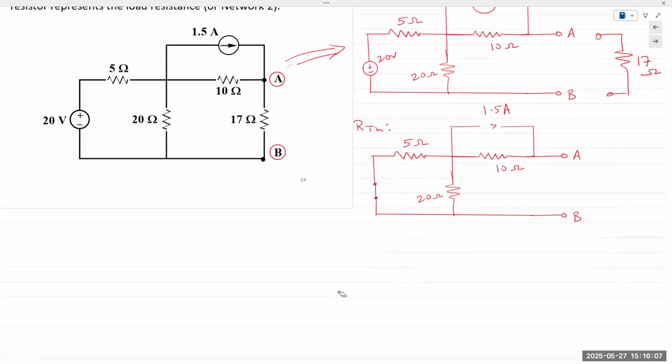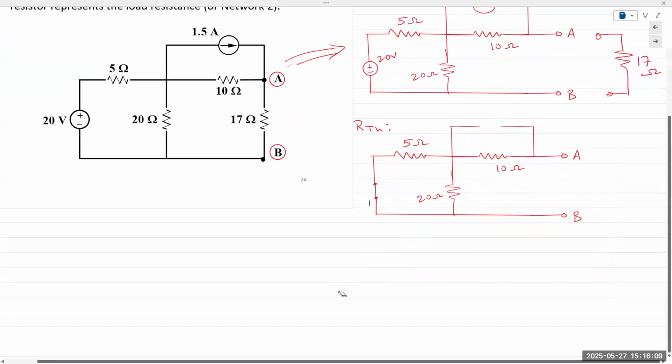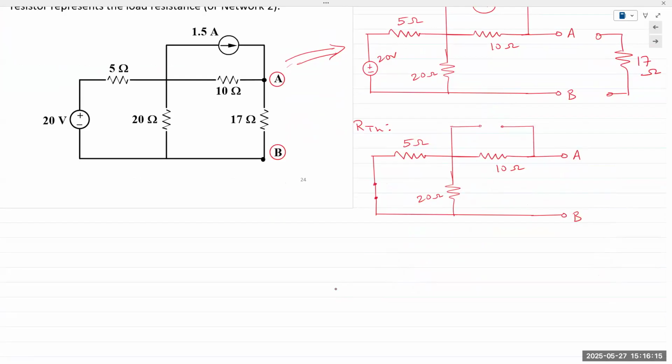It's the voltage source, and this becomes an open circuit. Basically, no need to even draw it. Okay. So 5, 20, and 10. What is Req?